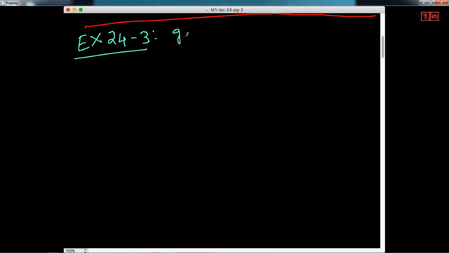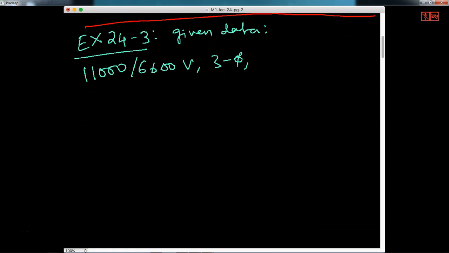So given data: an 11,000 by 6,600 volt, 3-phase star delta transformer. So this is the rating of the transformer, I mean, these are the details of the transformer.